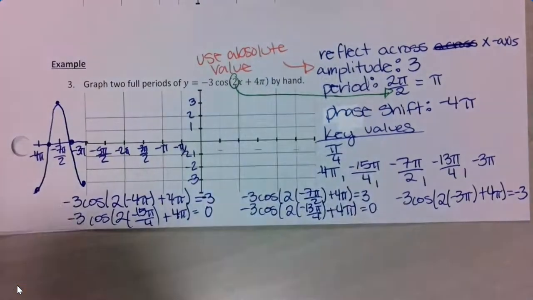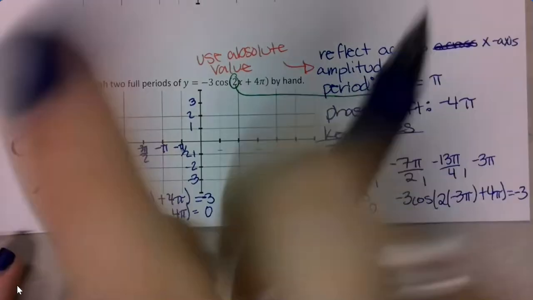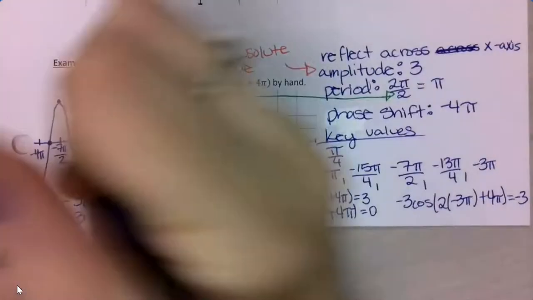Okay, so I connect those points. Then it wants 2 full periods again, so I want to go back and complete this pattern.